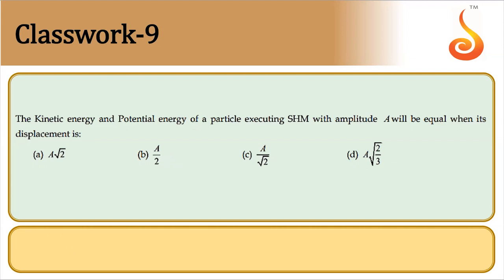Kinetic and potential energy of a particle executing SHM with amplitude A will be equal when its displacement is: A root 2, A by 2, A by root 2, A root of 2 by 3. So kinetic energy should be equal to potential energy.